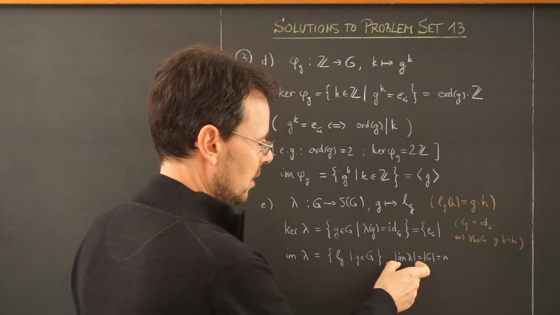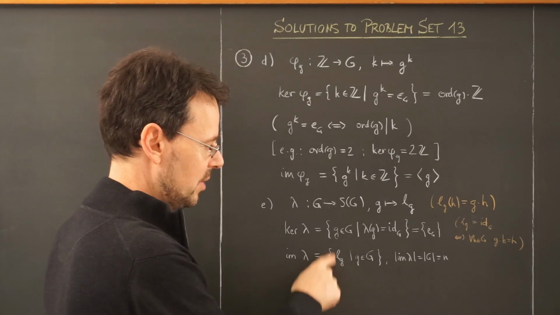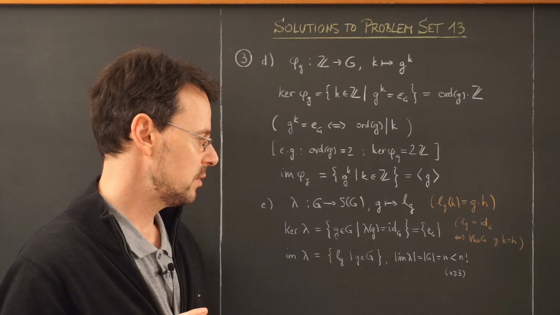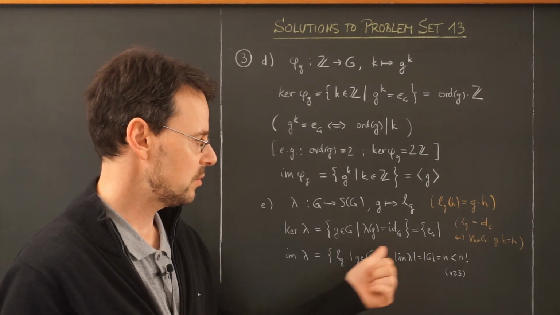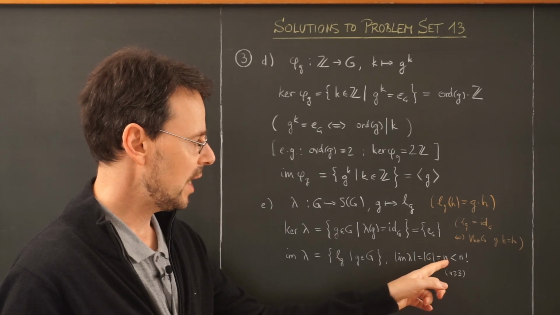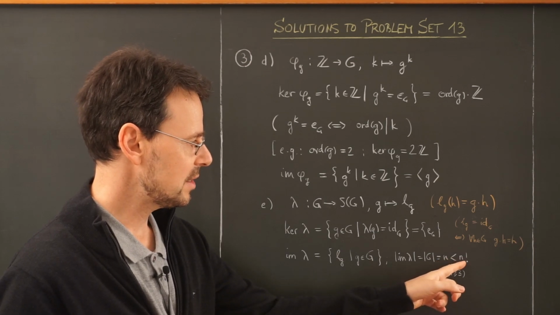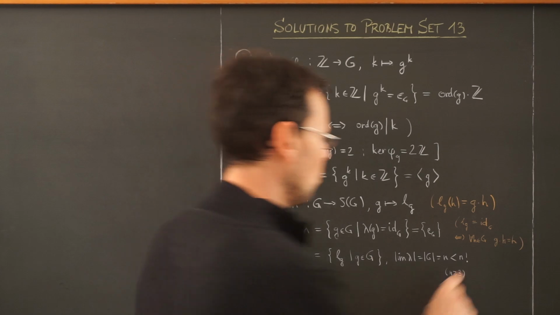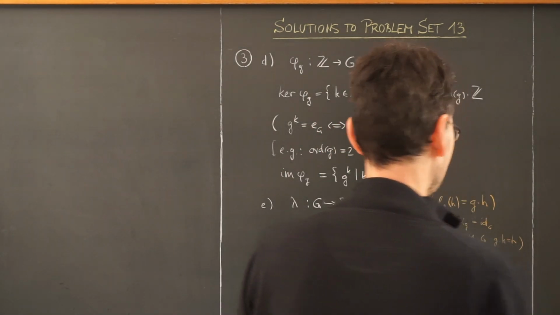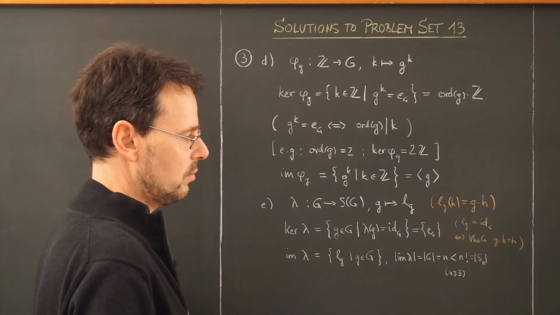So the image consists of n elements, these here. Let's exclude the two trivial cases where this group has one or two elements. So for n greater than or equal to 3, n is strictly less than n factorial, which is the order of the permutation group of degree n.